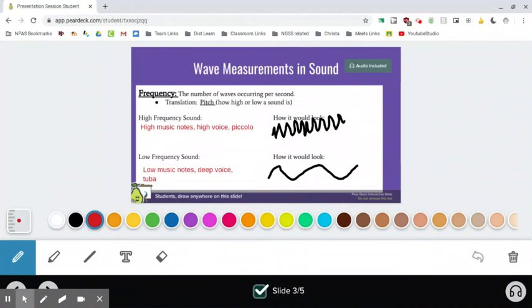If you hit the high notes, it's going to feel very smooth because there are so many compressions that are moving through the tissue there that reaches your fingers to touch them. High notes, music's high voice, piccolo, and how it would look, you're going to see a lot of compressions hitting per that moment of time. If you want to hear how high pitch sounds, you can click on the audio and listen to that.